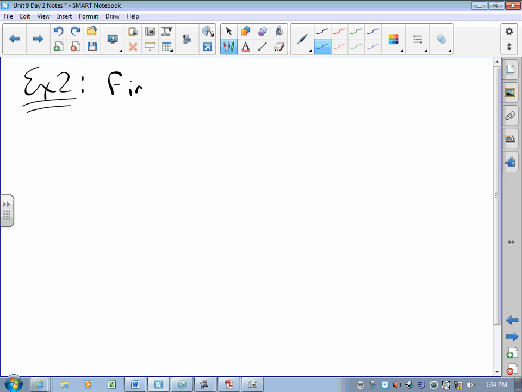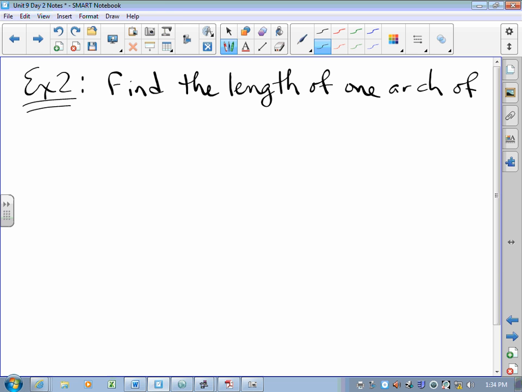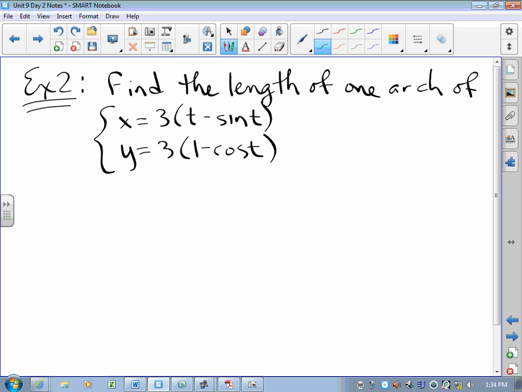All right, one more. Find the length of one arch of x equals 3 times t minus sine t, y equals 3 times 1 minus cosine t.